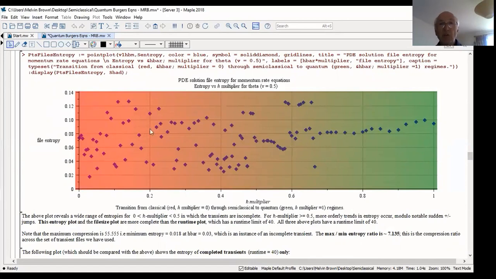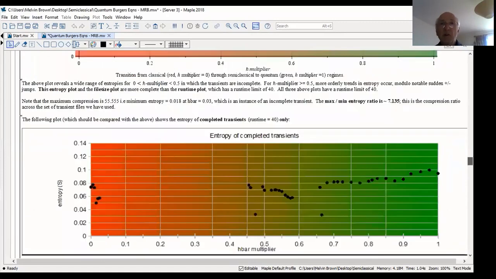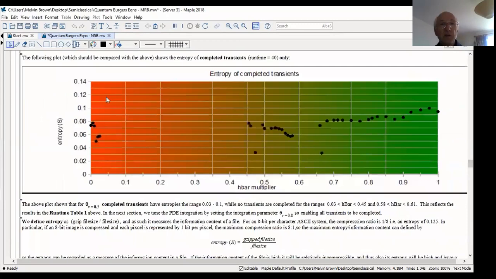On the right-hand side, you see trends which are much more in the quantum regime. You can take out the runs that didn't complete, and you're left with that trend, the quantum end in green, and also right up against the classical at the far end.